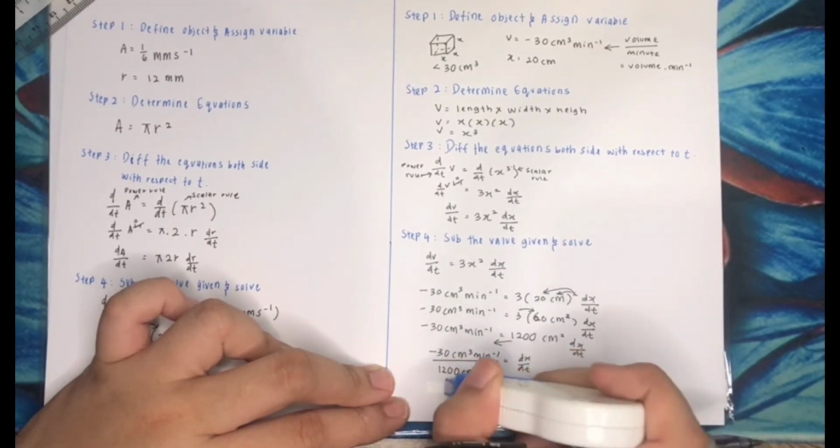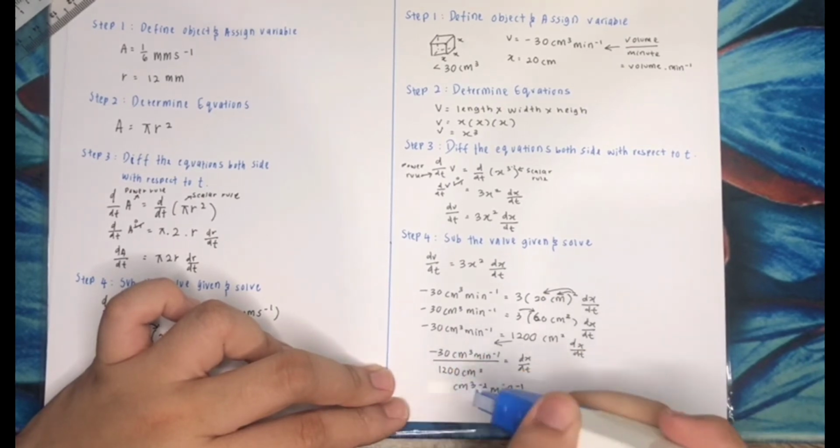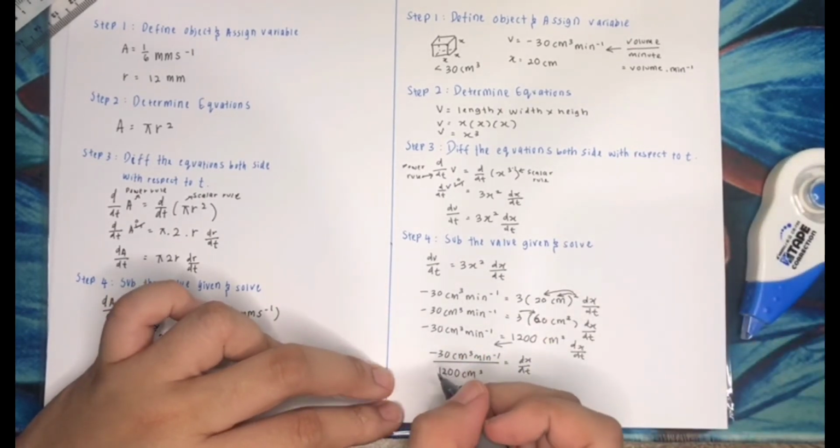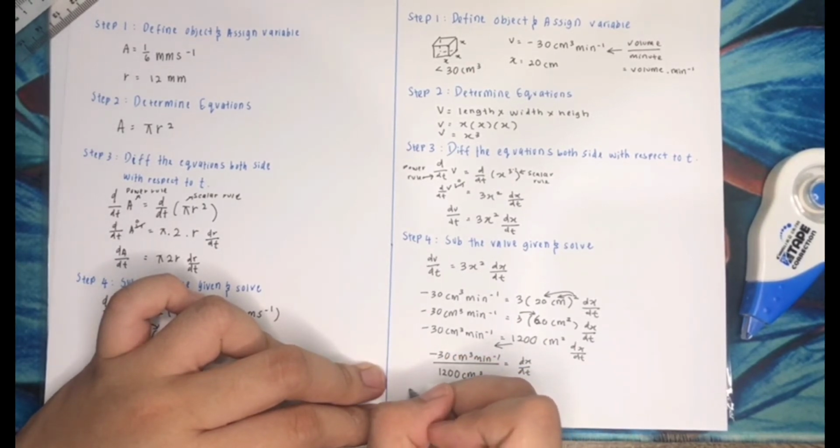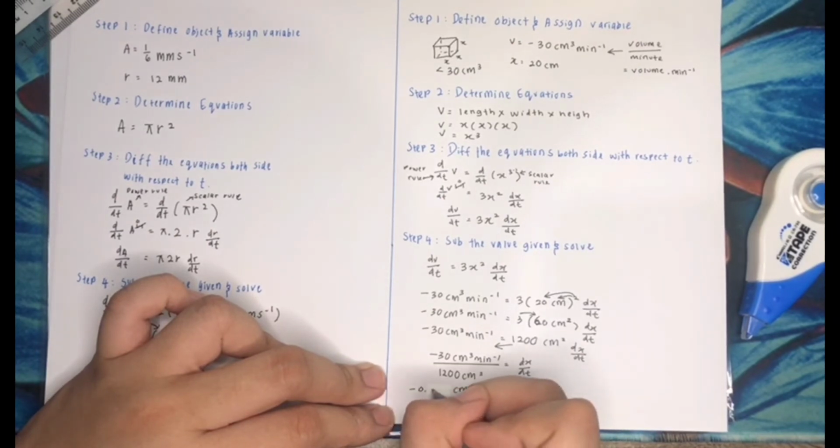So negative 30 divided by 1200, we get minus 0.025.